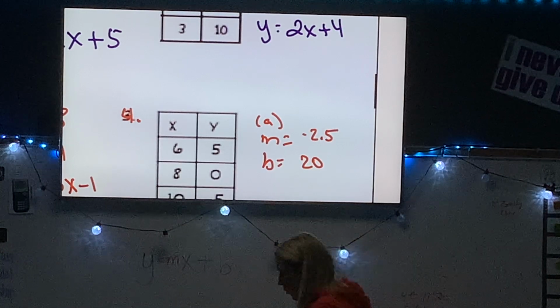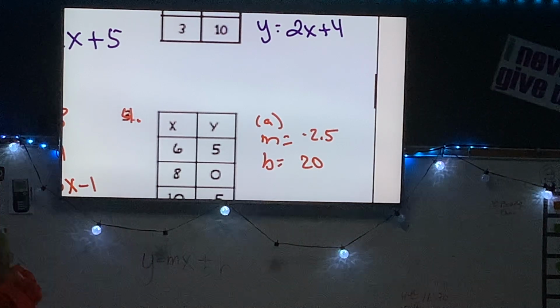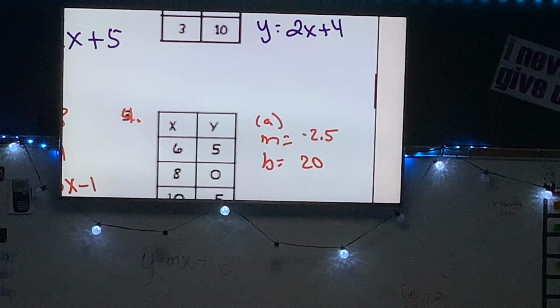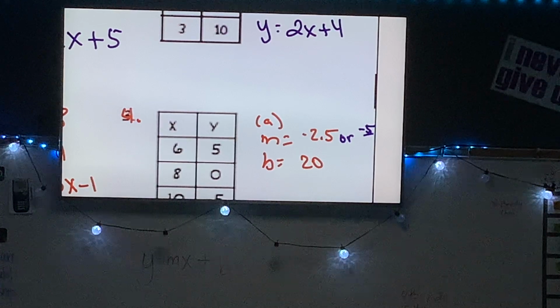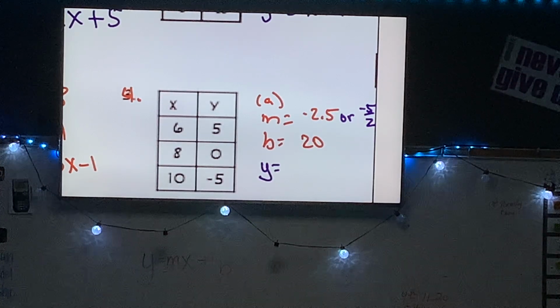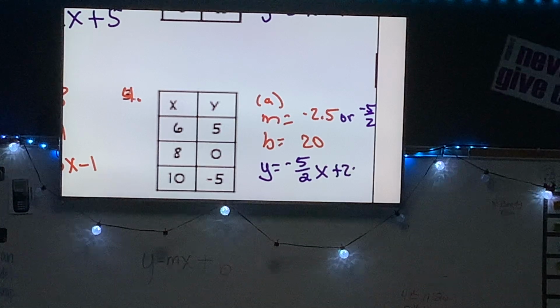But I need you to know most of the time they will write it as a fraction. So I need you to know how to do that. So what would your fraction be? Perfect. So y equals negative 5 over 2x plus 20. So it is what we've been doing in Unit 4 and Unit 5. Now I'm just throwing it into an equation.